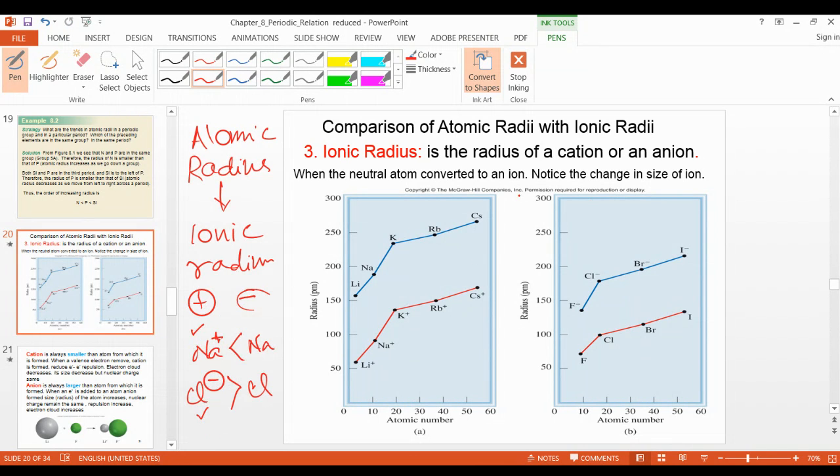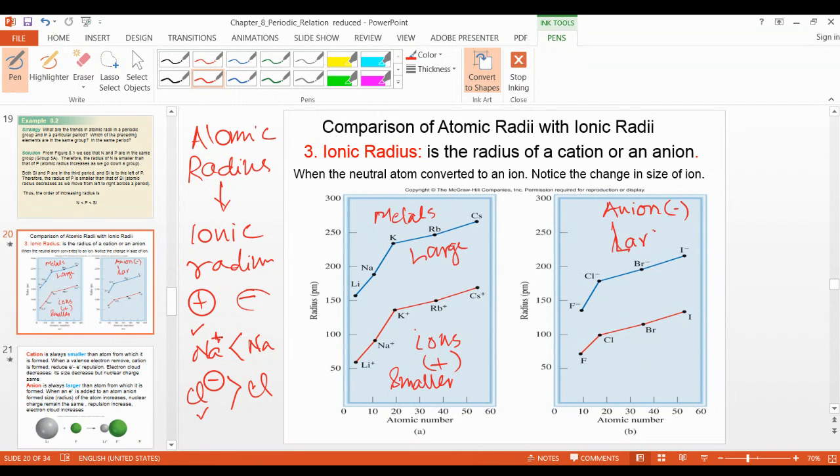Look at the first graph. This is the pure metal, and these are the ions of the metal, the cations, with positive charge. That's why the radius is smaller. The metal is large. Now look at the anions, which are negative.